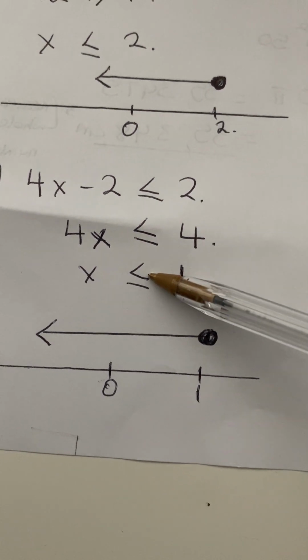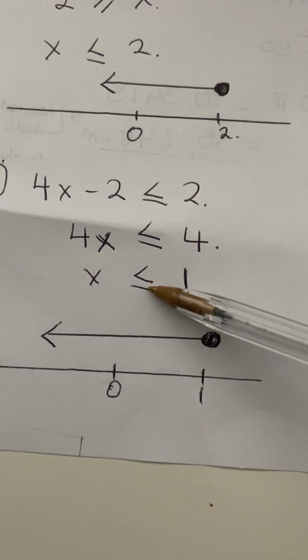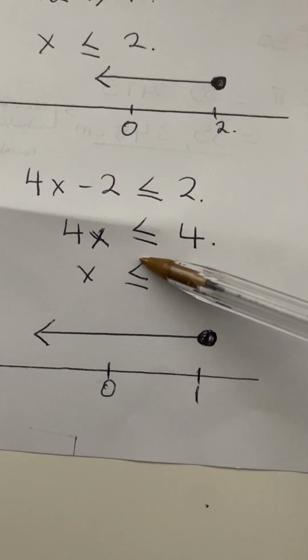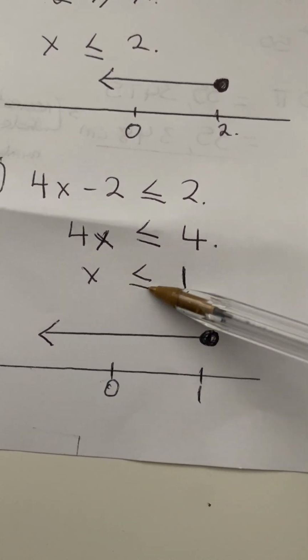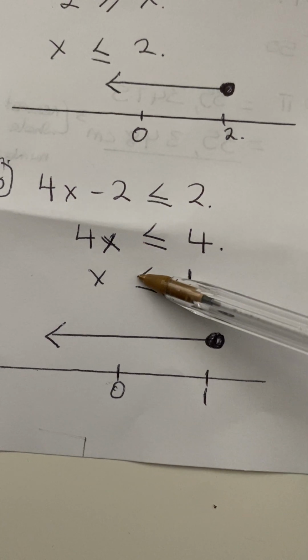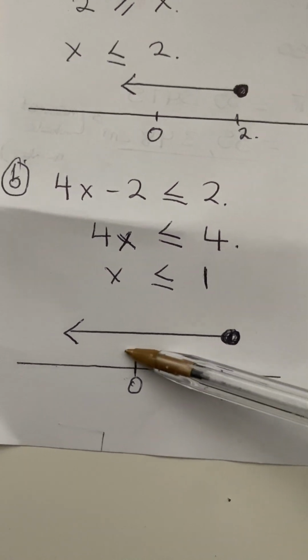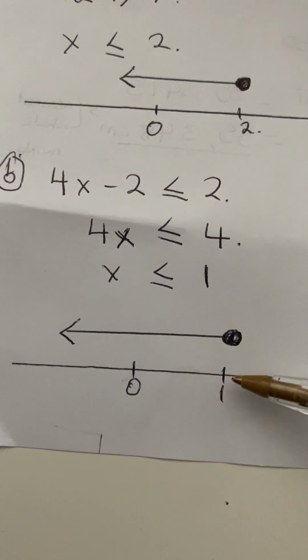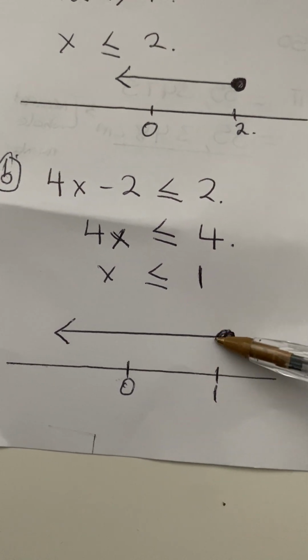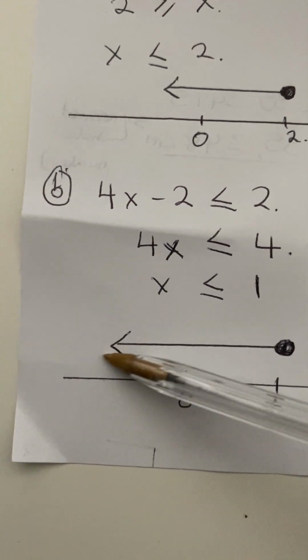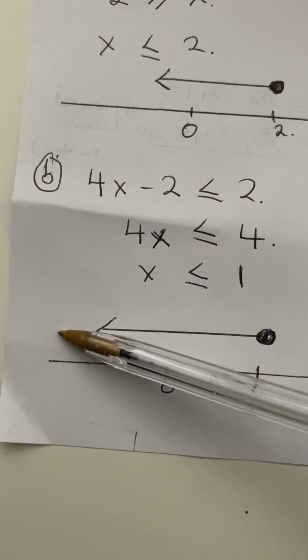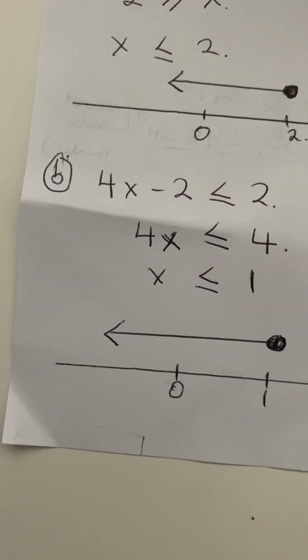So x is less or equal to 1. Here again we represent it with a closed circle. So that is our number line, that is our 1. Our closed circle is less or equal to, so it will go in that direction.